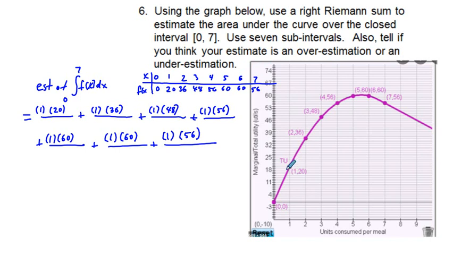Basically, the rectangles are going to be like this. The first rectangle is this one right here, with a width of 1 and a height of 20. The next one is a rectangle that goes up like this, and it comes down. And then the next one is like this.